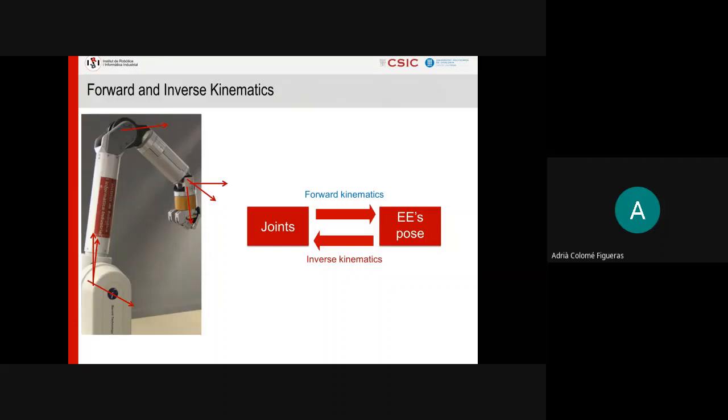Now, if the joint space is 7-dimensional, and we want to control the position of the end effector, or of the hand of the robot, then that is a Cartesian pose of 6 dimensions, the x, y, z position, and the 3 orientation coordinates.